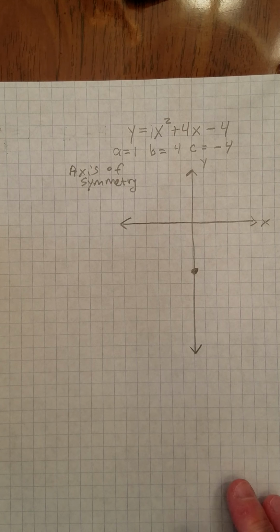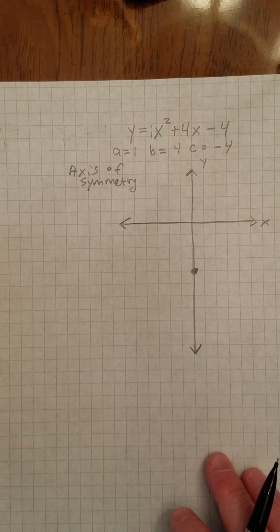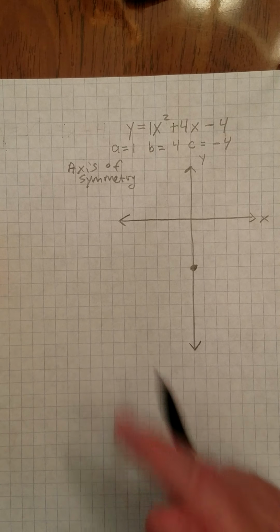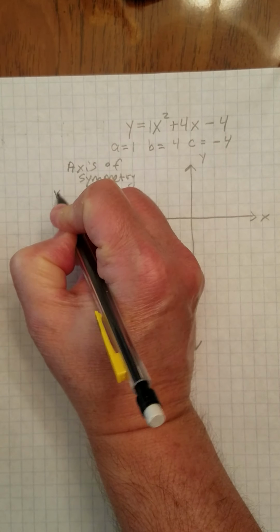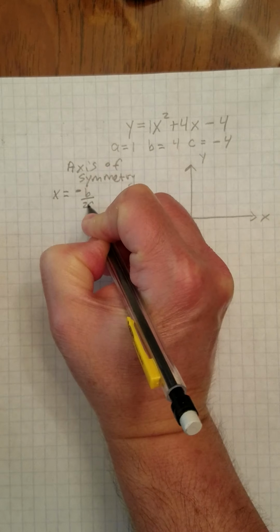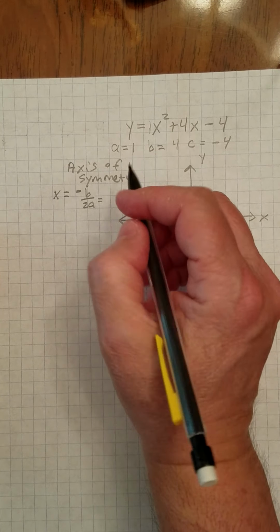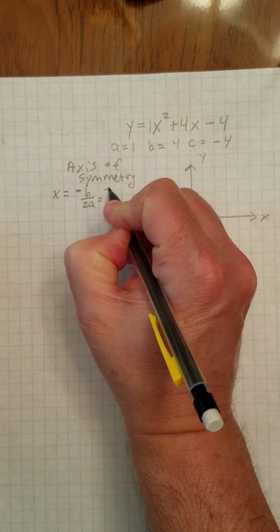Remember, that's the line that divides the parabola in half, where each half is a mirror image of the other side. And in the last lesson, you learned that x is equal to the opposite of b over 2a. So since b is 4, the opposite of b is -4.